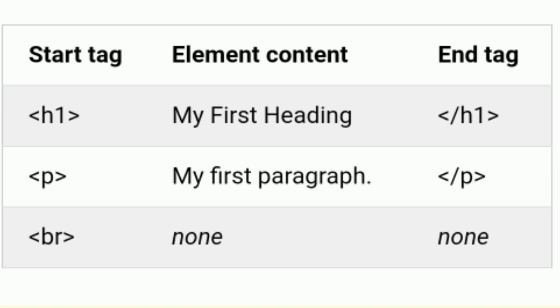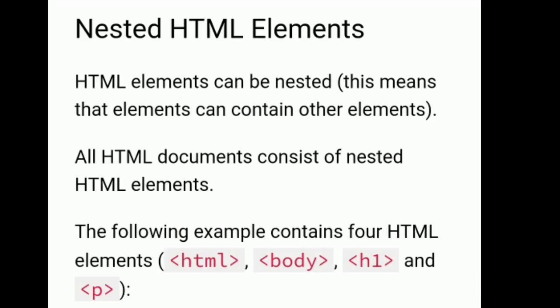Next we are going to the nested elements. An HTML element can be nested. This means elements can contain other elements. All HTML documents consist of nested HTML elements.